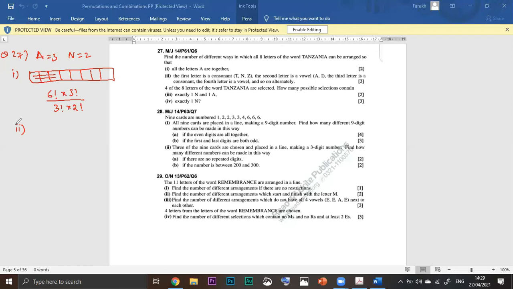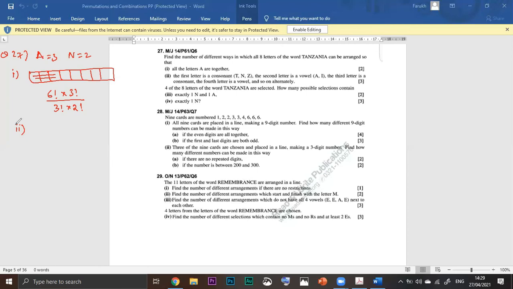Now 6 factorial is the number of ways in which we can arrange the boxes, and within the combined box we can arrange A's in 3 factorial ways, divided by the number of repetitions. Understood, sir. No sir, I understood.